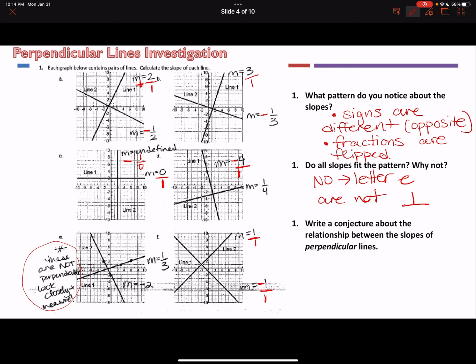So down here at the bottom, if we want to write a conjecture about the relationship between the slopes of perpendicular lines, I'm going to say if lines are perpendicular, the slopes are what we call opposite reciprocals.